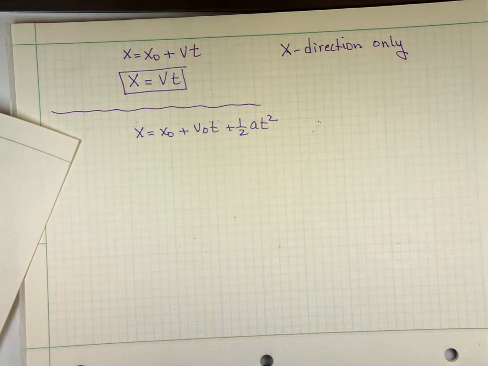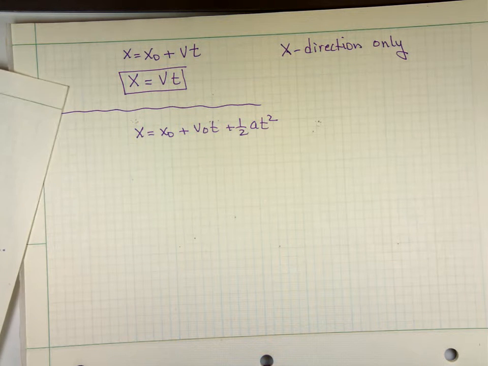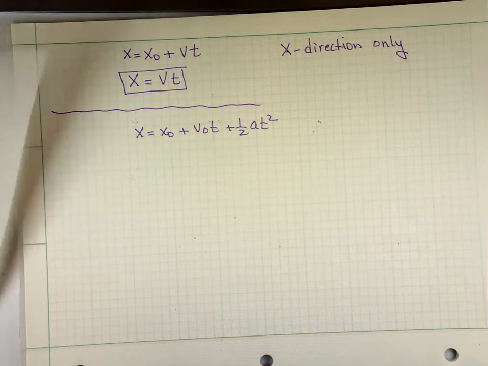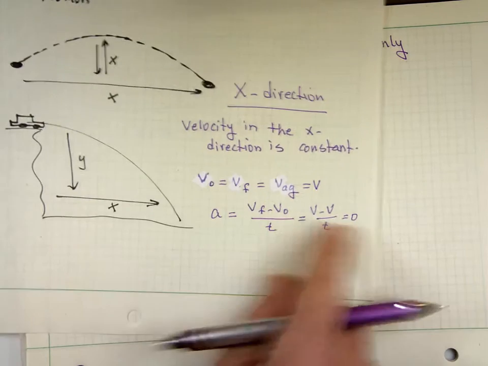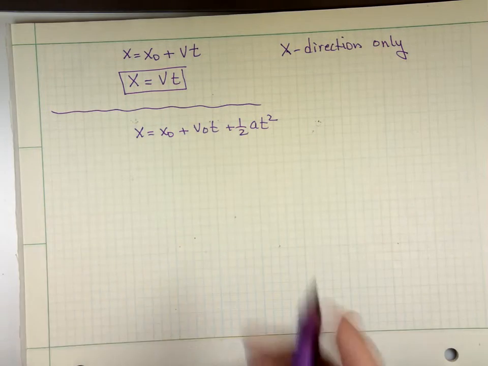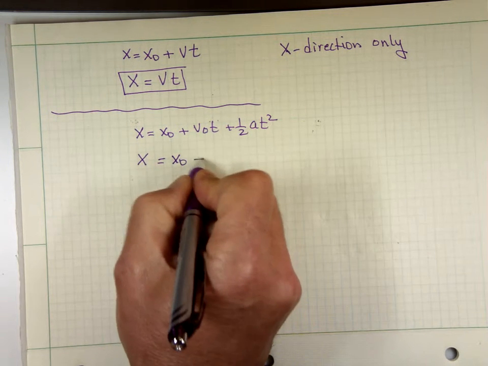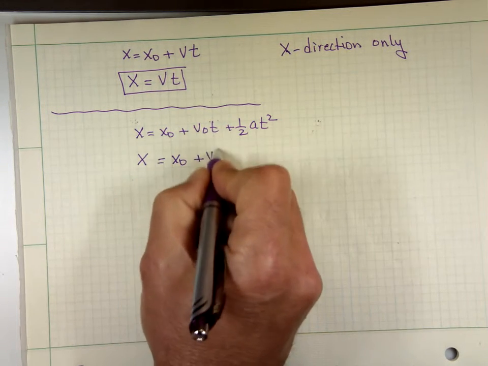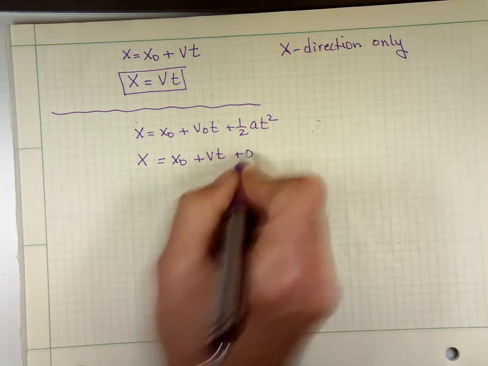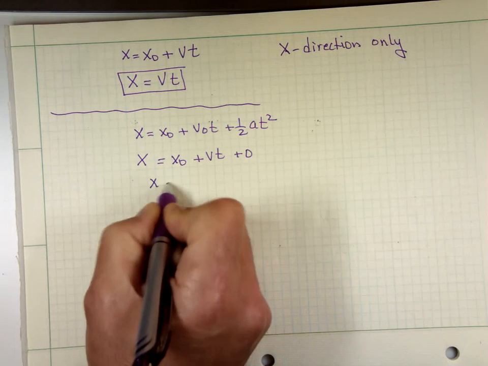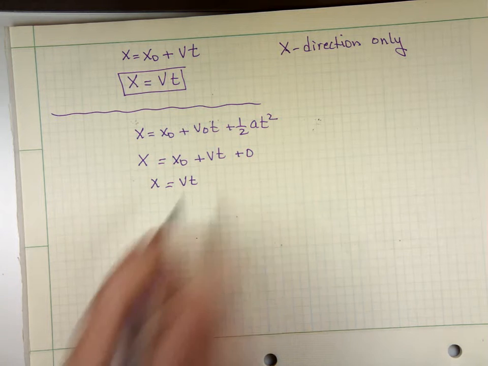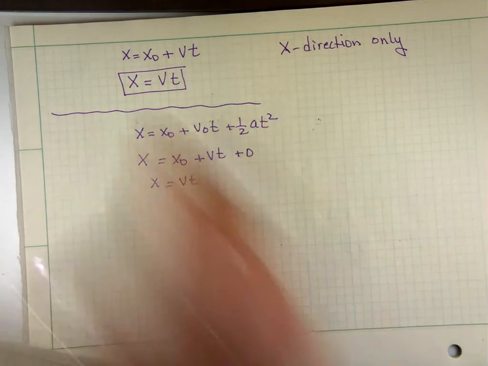What is your acceleration in the x direction? We just said the acceleration is what? 0. So what's going to happen? This equation becomes x sub 0 plus, since the velocity is constant, v times t, and this is always 0, so that third or fourth equation is the same as the first equation.